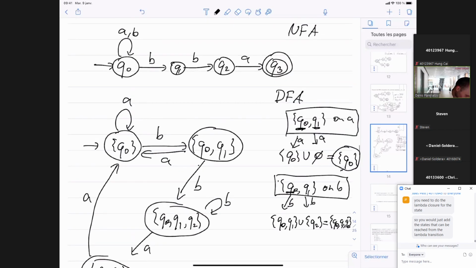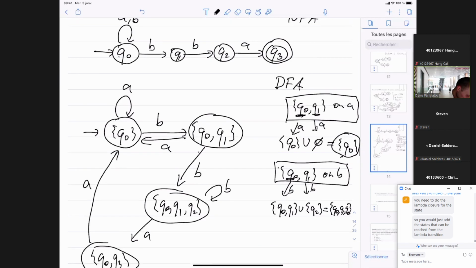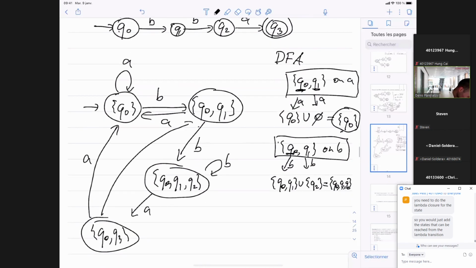And if you have a B, then from Q0 on B, you can go to Q0, Q1. From Q3 on B, you go to an empty set. The union of the two possibilities is just Q0, Q1. So on B, you go this way. And that completes it, because every state has two arrows, A and B, defined, and we don't need any more states here.